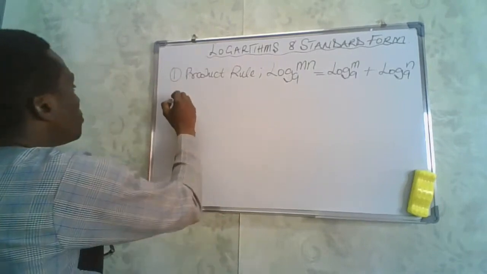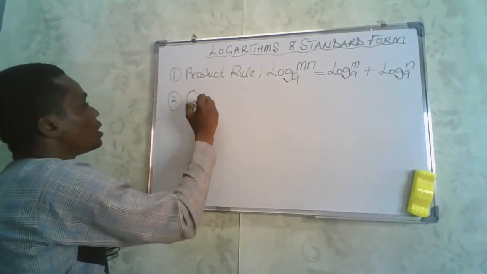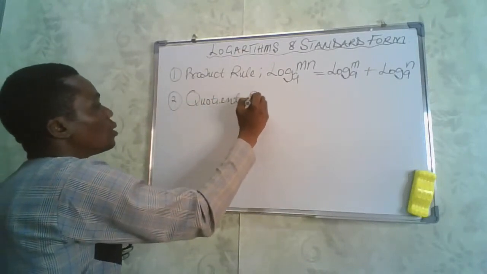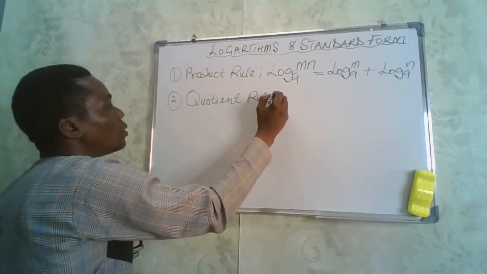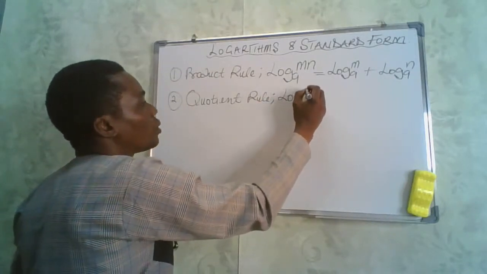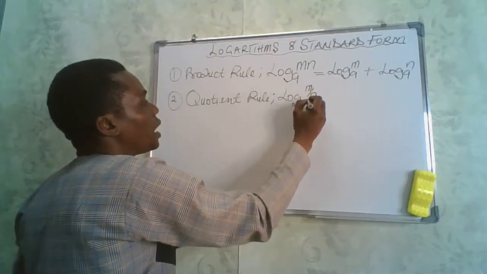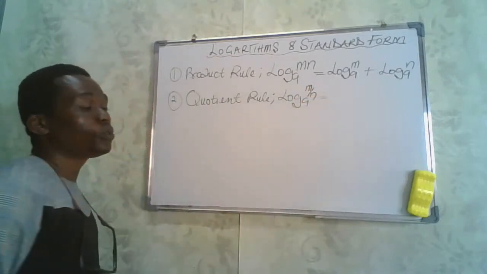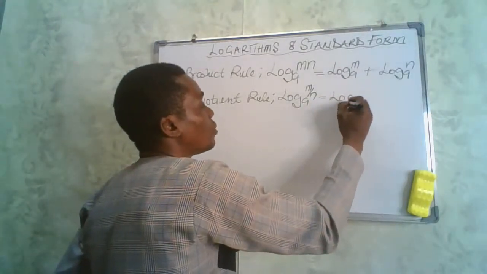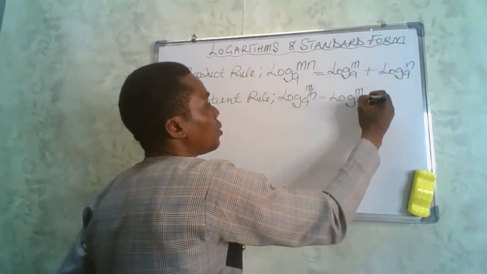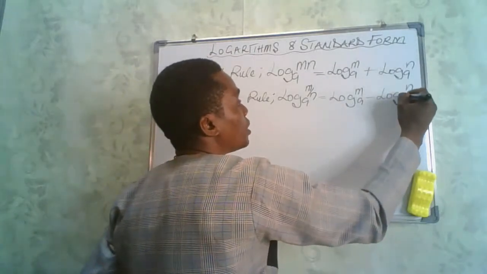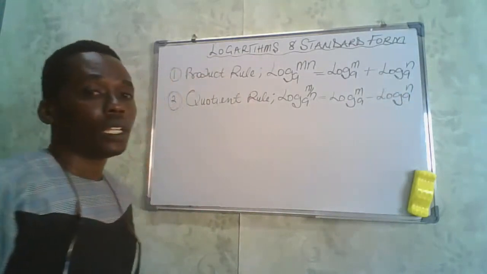Now, let's look at number 2. We're going to look at the quotient rule. Now, what is it about the quotient rule? If I have log of m divided by n to base a, this will be equal to the log of m to base a minus the log of n to base a.